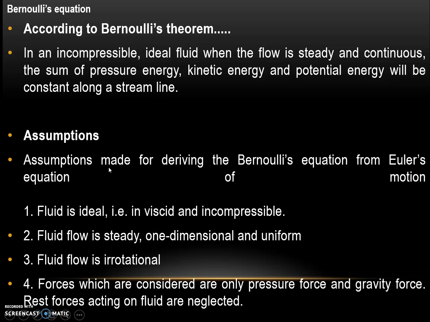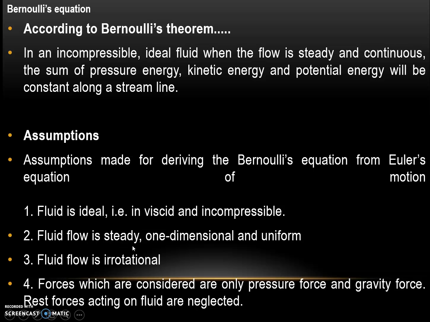There are some assumptions being made to derive this Bernoulli's equation from Euler's equation of motion. The assumptions are: the fluid is ideal, that means it is inviscid or non-viscous, and also the fluid is incompressible, that means the density remains constant.